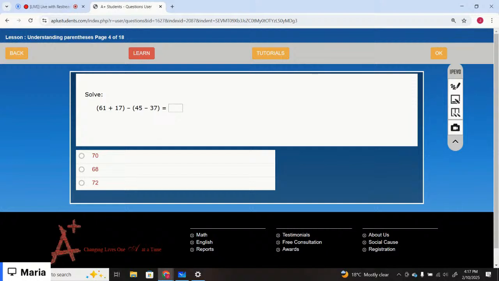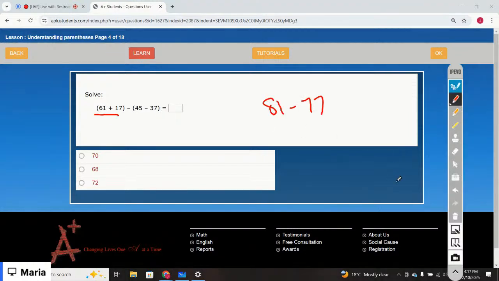61 plus 17, 45 minus 37 is... so you have two parentheses over here. You can solve them step by step. Solve the first one and then the second one. The first one is you need to add 61 plus 17, that makes 78.